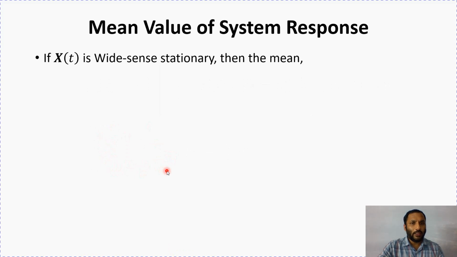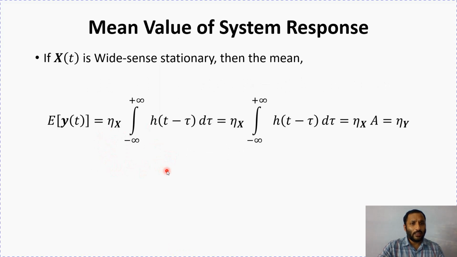Then what will happen to the mean of the process? It is simply a constant, isn't it? So that eta of t is just replaced with a fixed constant eta x. Now the constant comes outside the integral and we are left with the integral of h of t minus tau d tau. Now what will be this integral?